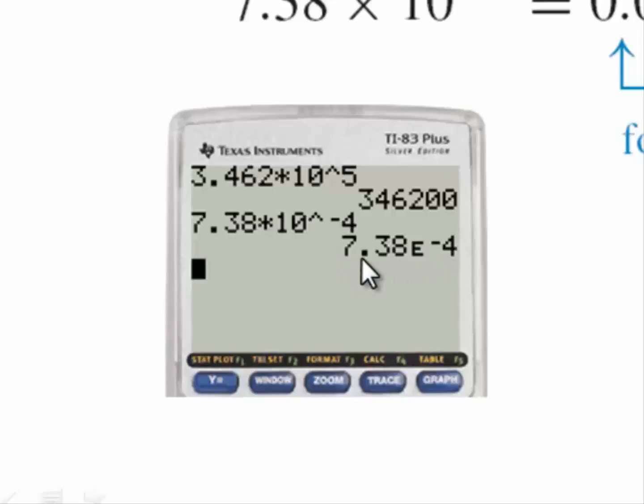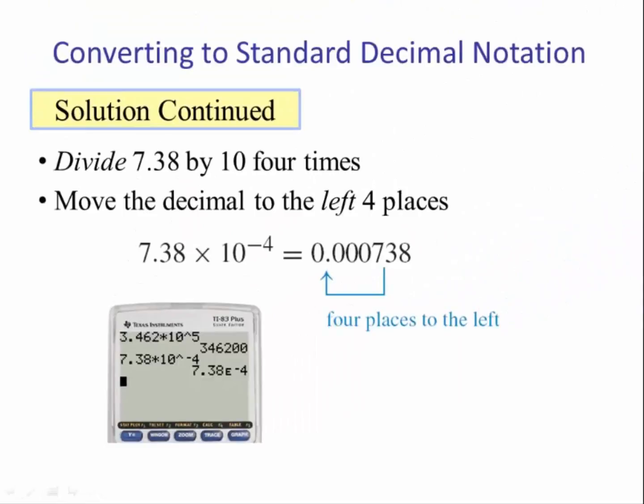So when you see this on the calculator, the E means I'm multiplying it by 10 to this power. So 7.38 times 10 to the negative 4 is the same thing as 7.38 E to the negative 4 as far as notation on the calculator.